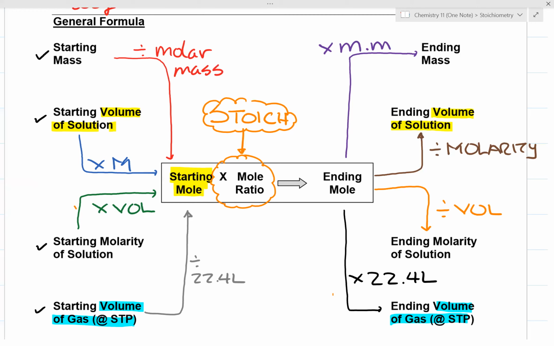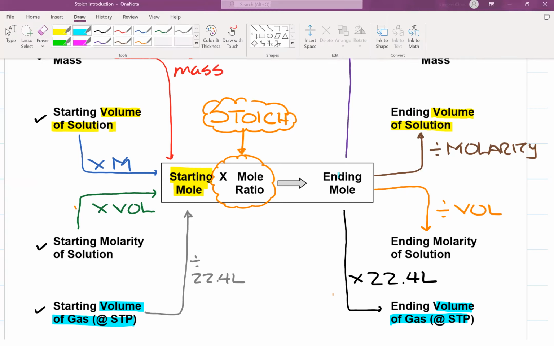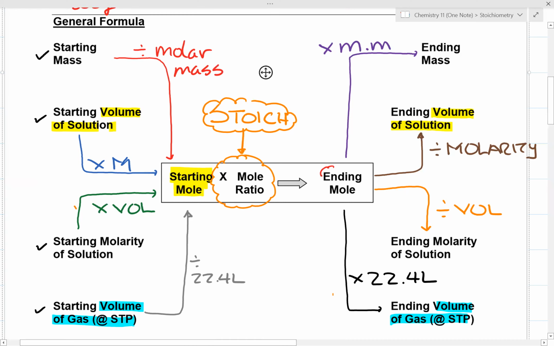Before I do that, notice the bridge between the starting moles and the ending moles is this mole ratio. And this idea of mole ratio is what we call stoichiometry. And this is from our balanced equations.